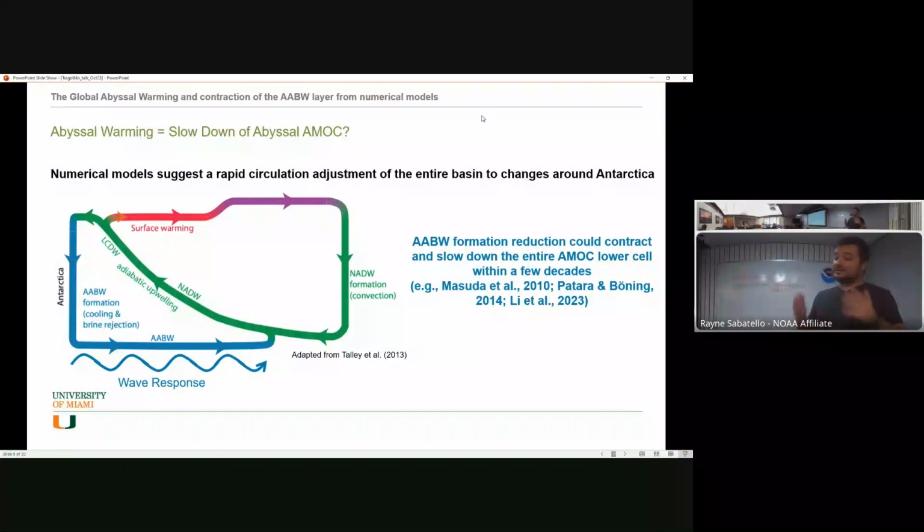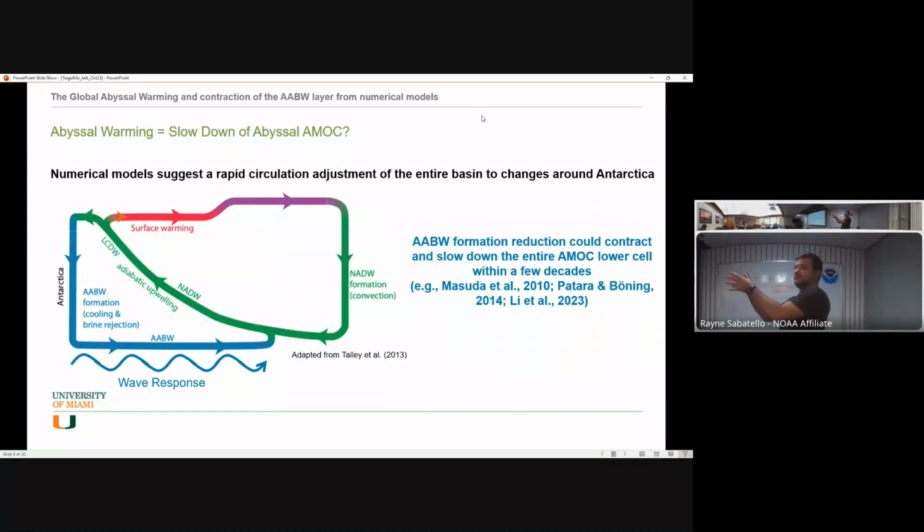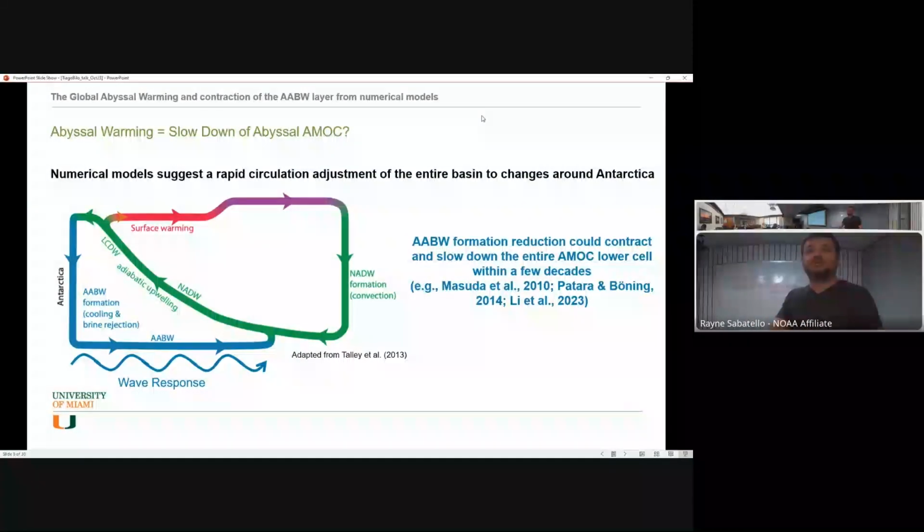All right. So essentially, if you perturb the formation of Antarctic bottom water around Antarctica in a model, what's going to happen? It's going to trigger some wave response, topographic waves mostly, that can rapidly propagate this information northward in a few decades.